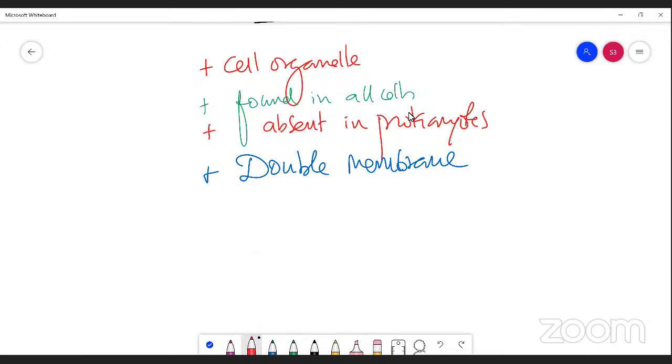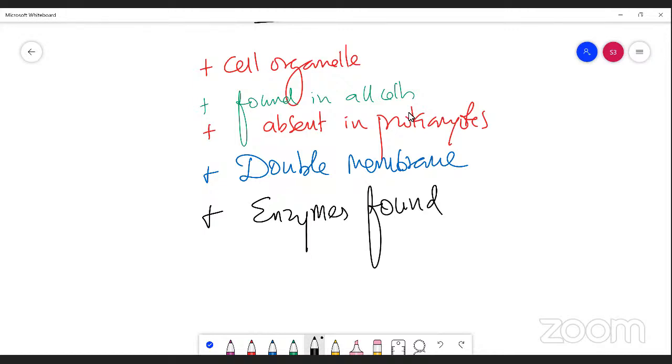And it is filled with the matrix, where the enzymes are found. The enzymes found in the mitochondrial matrix are essential for the respiration process. Understand?